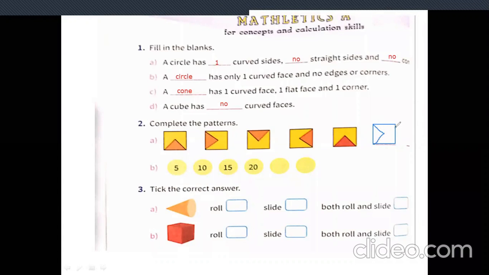Like this. So you have completed the pattern. Then you can color it with this yellow color and with this brown color.